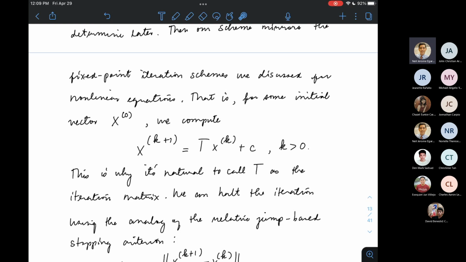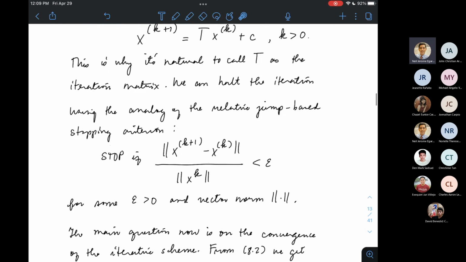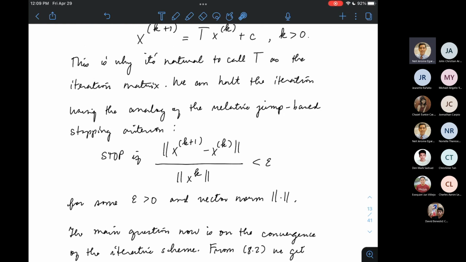Okay? And then we devoted our discussion last time into how to measure the size of vectors and matrices kasi kailangan natin ng stopping criterion dito. Okay? So specifically, we can use a relative jump-based stopping criterion. I-measure natin gaano kalapit yung dalawang estimates or the last two estimates from each other. If there is no significant jump from one iterate to another, then we can stop our iteration.